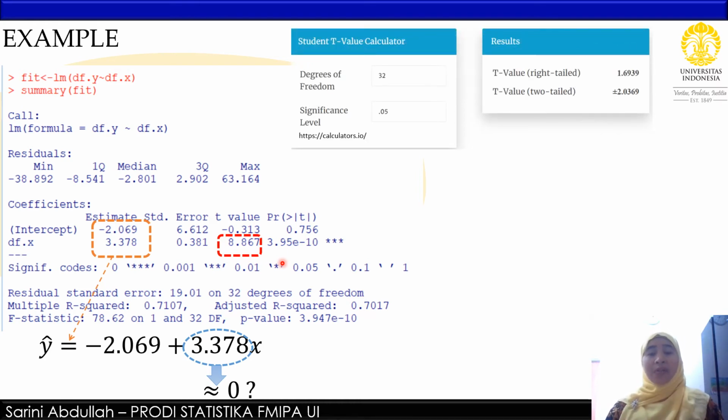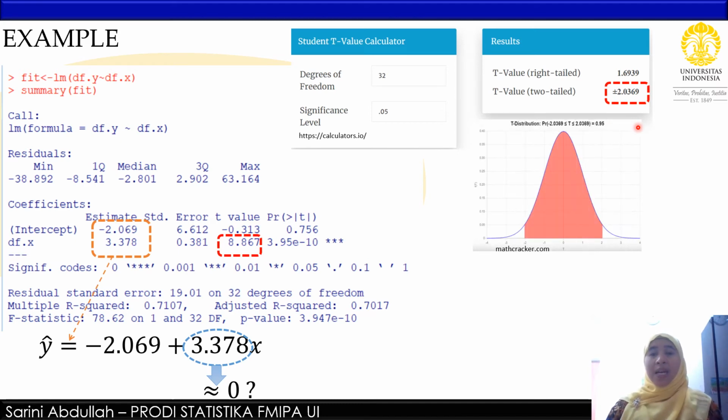In that case, we need to refer to the t-table and we take the significance level of 0.05, which means that this is our maximum tolerance level of making a wrong decision. So with the degrees of freedom of 32, we have the t-value for a two-tail test of plus minus 2.0369.